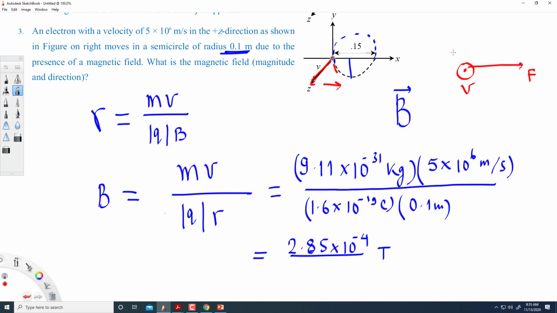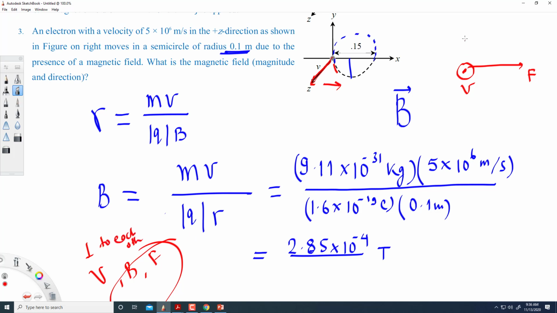Which way, sorry? It cannot be into the page because this velocity is into the page. Velocity, force, one thing you need to keep in mind is V, B, and F are always perpendicular to each other. Okay, they are always perpendicular to each other.